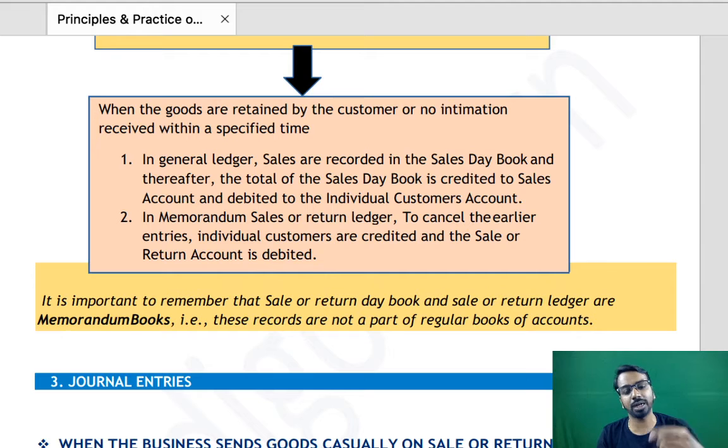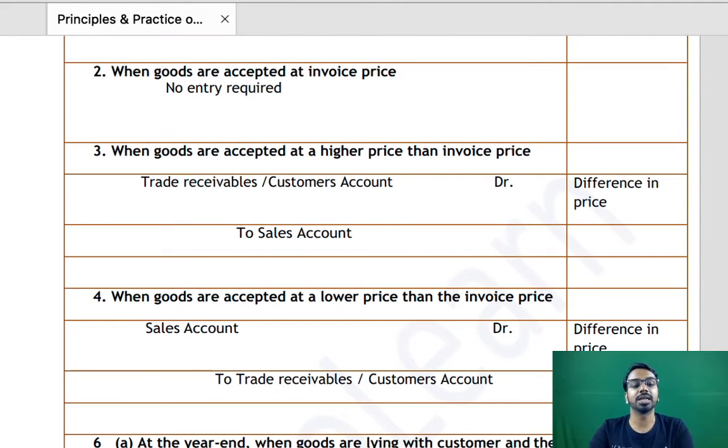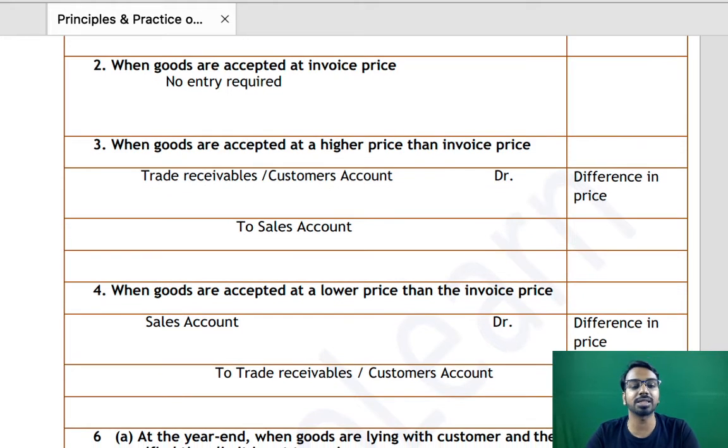Throughout the year you can pass this entry, but at year end you have to reflect the correct sales position. So to the extent goods have not been sold, you will need to reverse the sales account and reduce the customer's account.